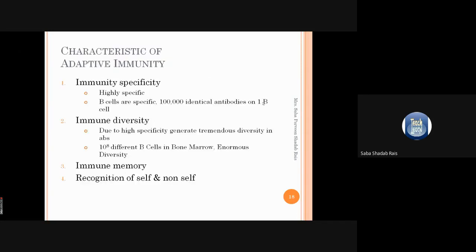Alright. So when we talk about the characteristics, the first and most important characteristic which differentiates the acquired immune system from the innate is specificity. We have seen that the innate immune response is nothing but killing the microorganism in a generalized way, but acquired immunity is not like that. It has specificity.